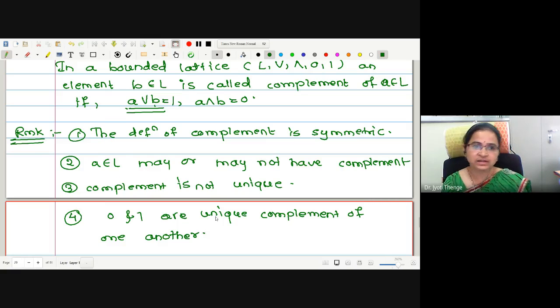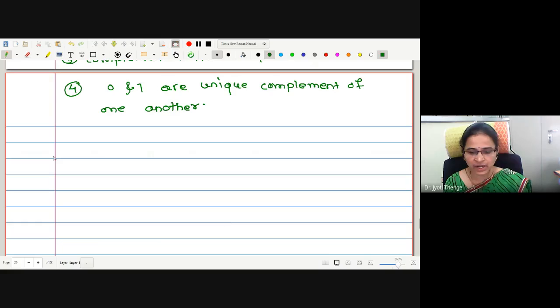To understand the example, let me define a complemented lattice first. What is a complemented lattice? Again, the name itself tells it.